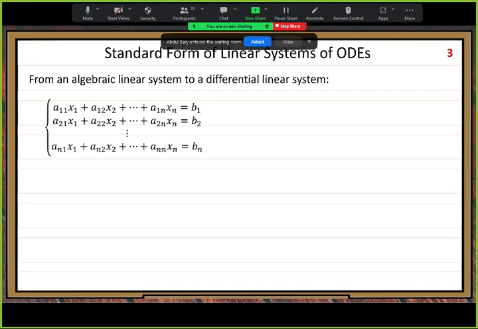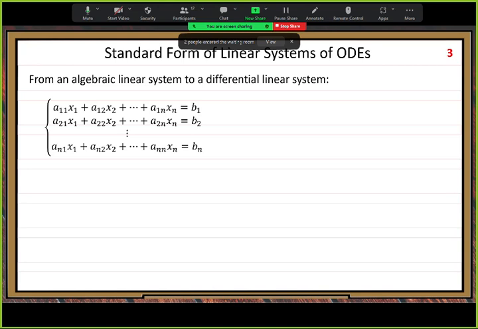Here I just take n variables, n unknowns, x1 through xn, and n equations. This is a special case. In linear algebra it's not necessary, because the number of equations and the number of unknowns could sometimes be different.